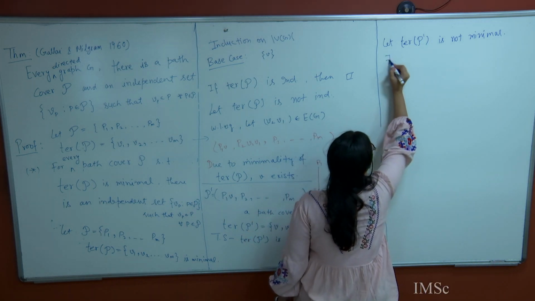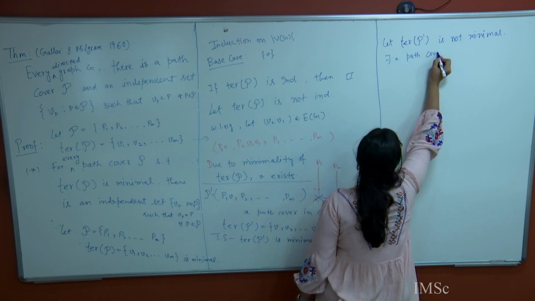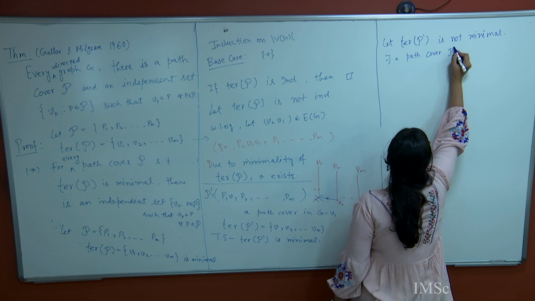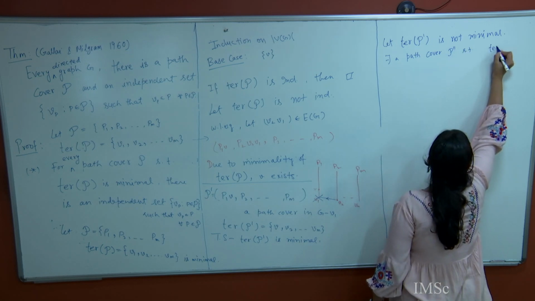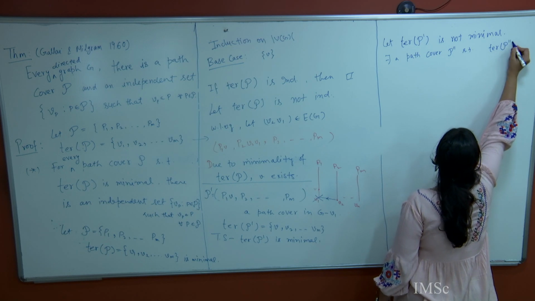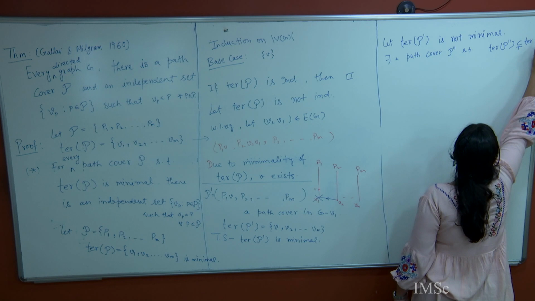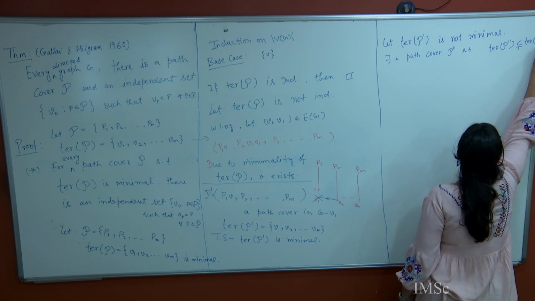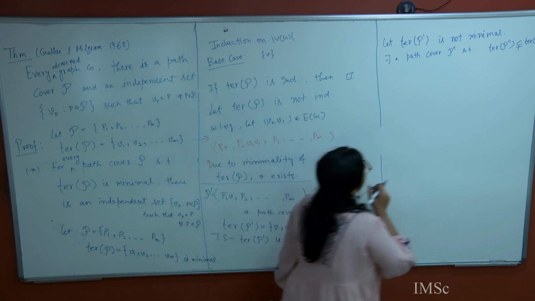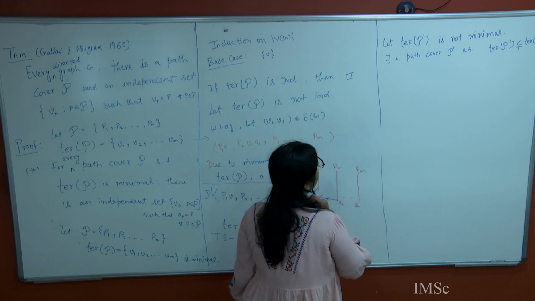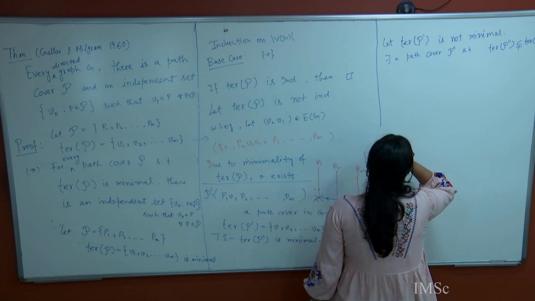That there exists a path cover P double prime such that terminal set of P double prime is a proper subset of it.